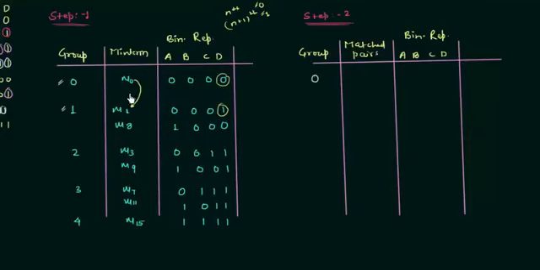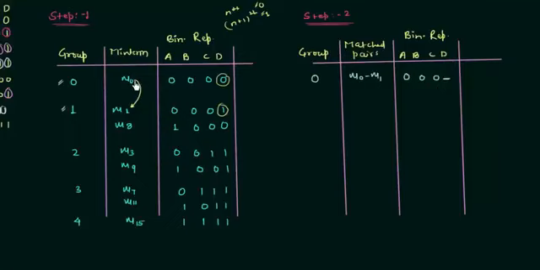I have already compared M0, M1, and this is our matched pair. So M0, M1 is a matched pair, and A is 0, B is 0, C is 0. Now what about D? For D, we are not going to write 0 or 1, but we will write an underscore. This shows that D is eliminated.